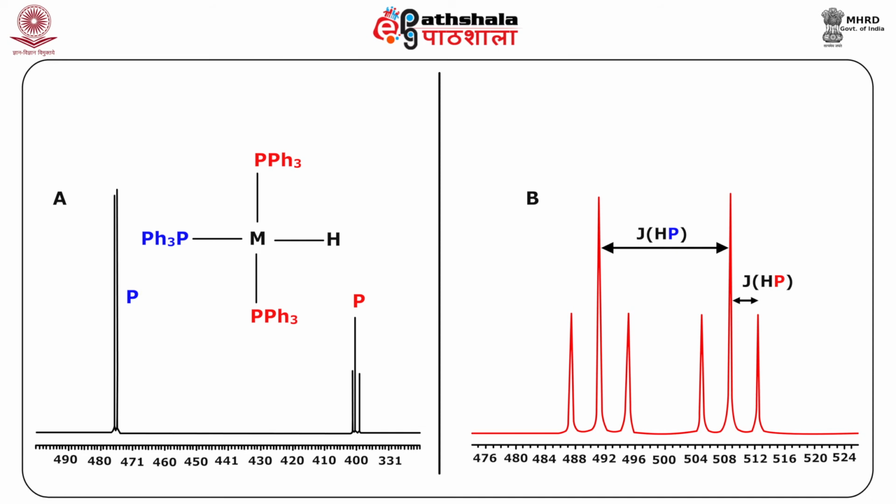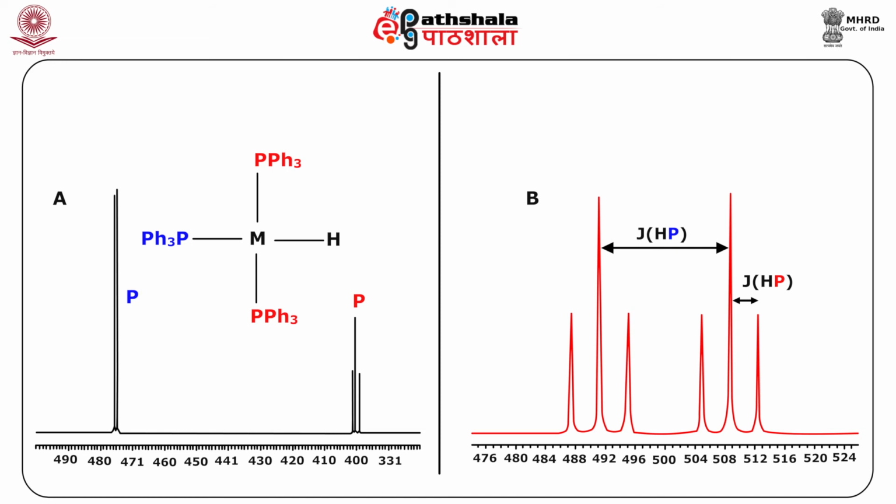It is important to note that the coupling between phosphorus and hydrogen in this spectrum has been removed by the decoupler, and all the coupling is phosphorus-phosphorus coupling only. Now you can appreciate this more by looking at the figure.